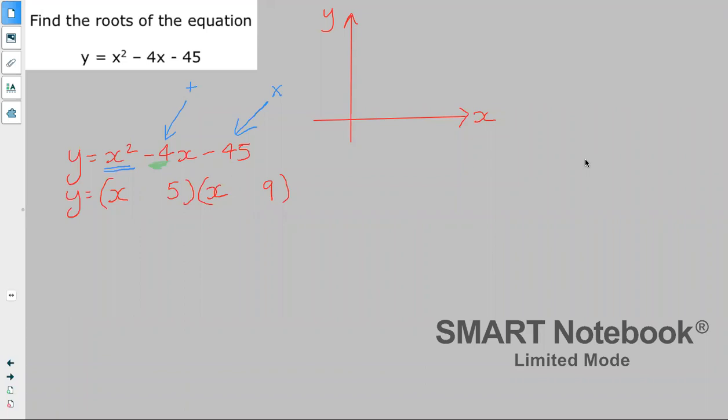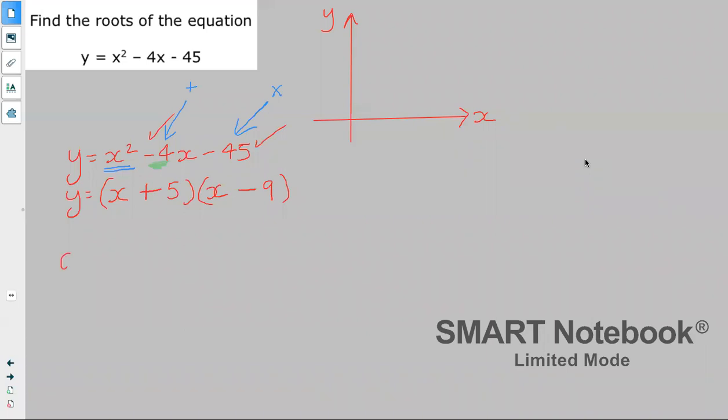So it must be negative 9 and a positive 5. Again, just ask yourself the question, 5 multiplied by negative 9, does it give me negative 45? Yes, it does. And 5 take away 9, does it give me negative 4? Yes, it does. Okay, you factorized and you want to find the roots, which is where it cuts the x-axis.